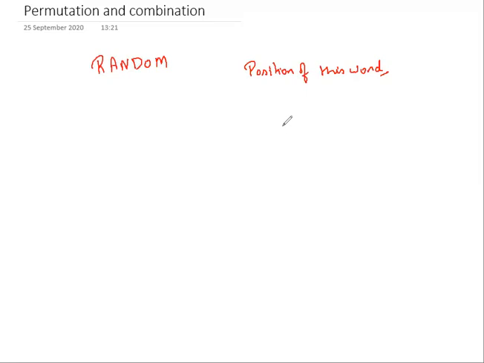Now, obviously, the dictionary is special. This dictionary consists of only the words which are there in this random word, which means the dictionary is composed of only these 6 words. As simple as that. Okay, the dictionary is composed of these 6 words.